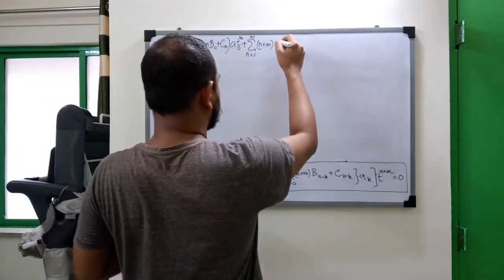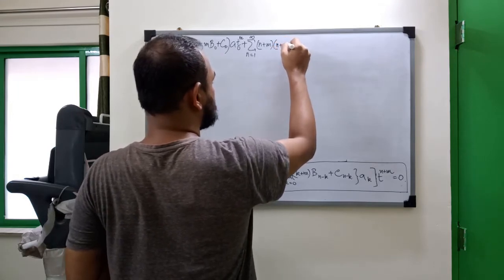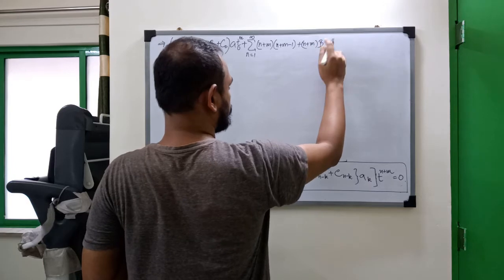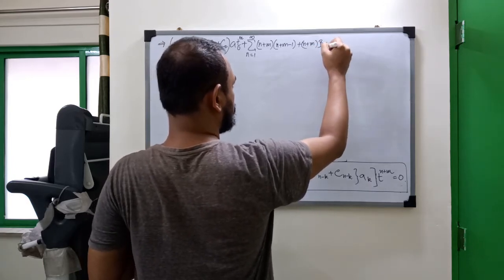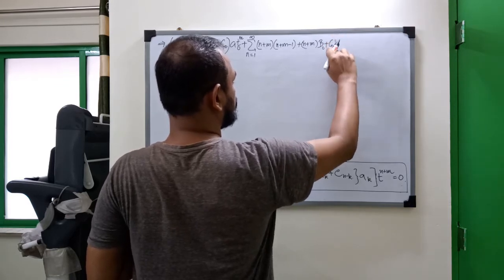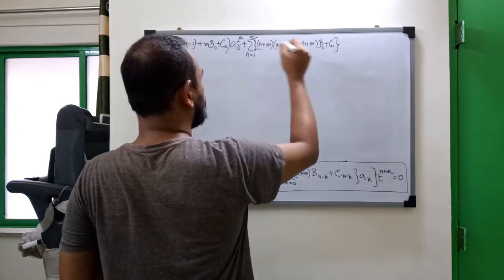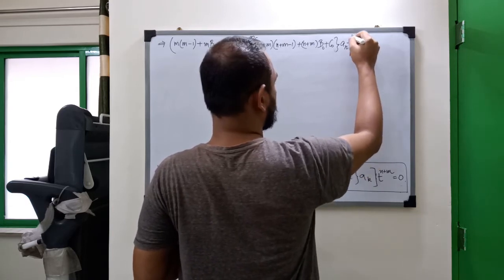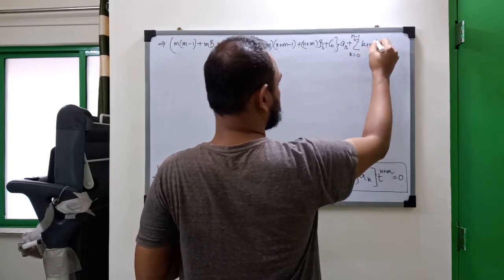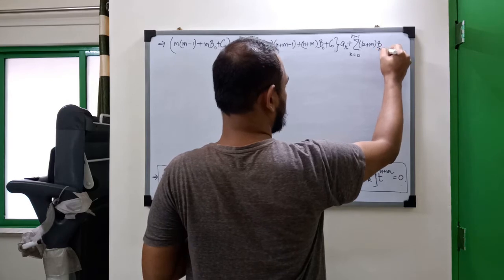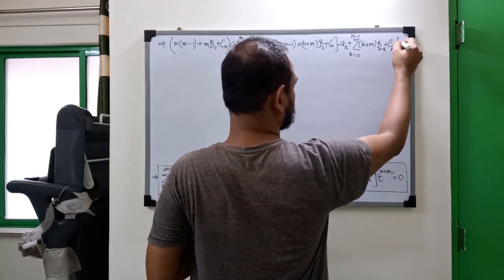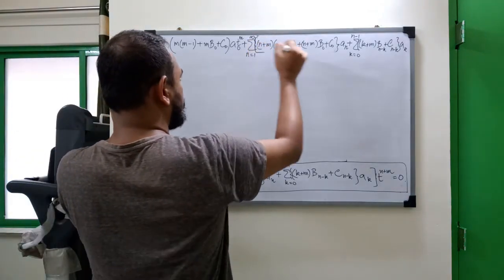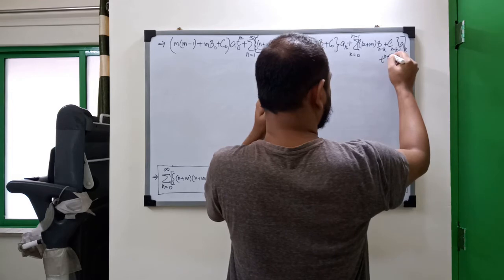The rest of it is (n plus m)(n plus m minus 1) plus (n plus m) b0 plus c0, this is with a_n, and then the summation k from 0 to n minus 1 of ((k plus m) b_(n minus k) plus c_(n minus k)) a_k, and this whole thing with t^(n plus m) equals 0.